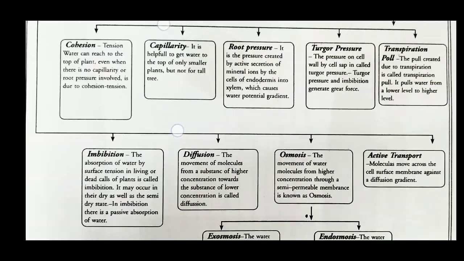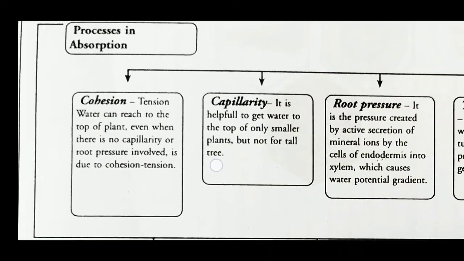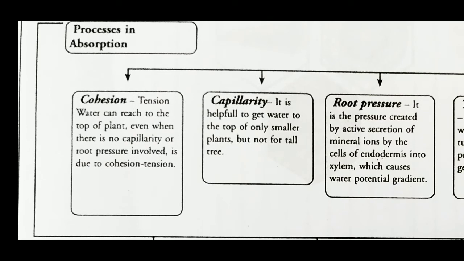And we can see these actions, these forces here. Now you can read with me. Number 1, cohesion tension: water can reach the top of the plant even when there is no capillary action or root pressure involved, due to cohesion tension. It is a force created between the molecules, and they hold each other.